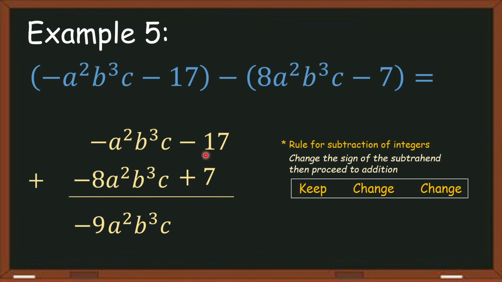Okay? And then, add natin itong negative 17 plus 7. So, dahil magkaiba ng sign, isusubtract natin. So, 17 minus 7, the answer is 10. Dahil negative yung sign ng mas malaking number, negative din yung naging sign ng number 10. So ito na yung ating sagot sa example number 5.